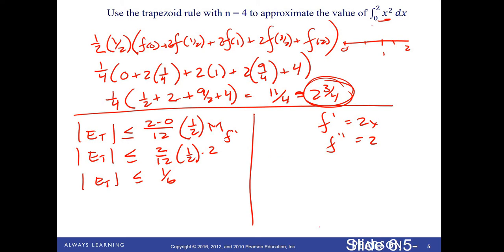Now, if I actually integrate this using either my calculator or using an antiderivative, which you know how to do, we will get that the actual value of the integral is 8/3. Okay? So the actual integral is 8/3. The difference between my 2 3/4 and my 8/3 means my actual error is 0.08333.